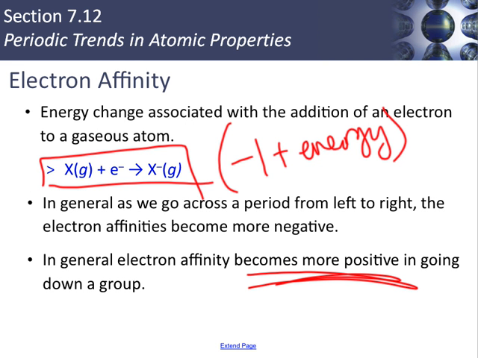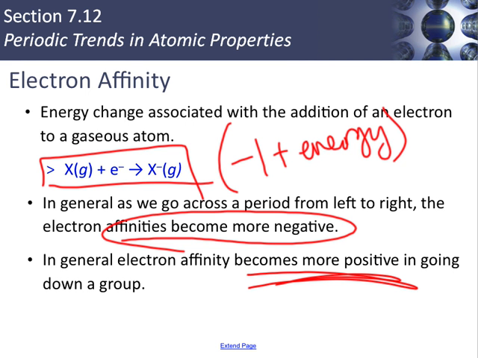If one way is true going down the table, the other way has to be true going opposite. So if energy is absorbed in that process down, energy has to be released if the opposite is true. Okay? So because energy is being released when that happens, what happens to the value? More negative as you go across. So it becomes more positive as you get down and more negative as you go across.